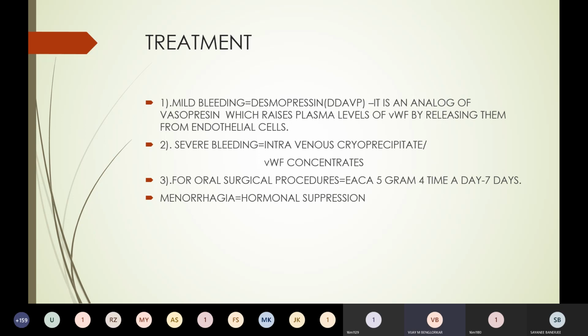For any oral surgical procedures, local hemostatics like EACA can be used. The dose is 5 gram 4 times a day to be given for 7 days. If any patient has menorrhagia, you can use hormonal suppression.